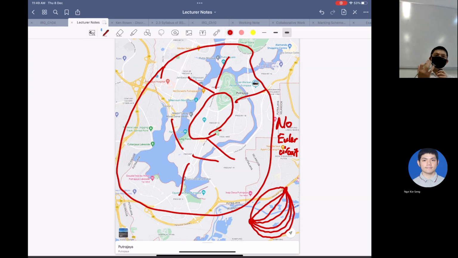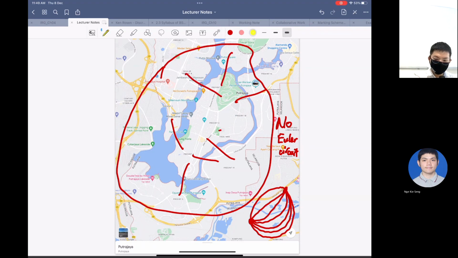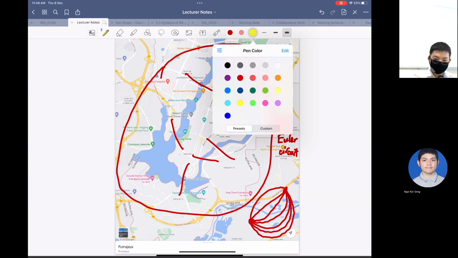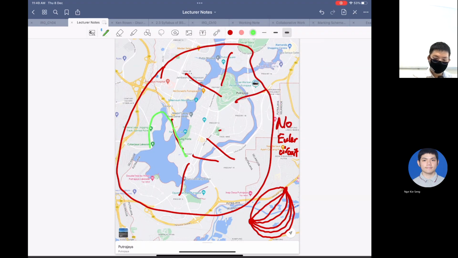So what does it mean to have an Euler path here? It means that when you do the Euler path, if you start inside Putrajaya, you must end outside Putrajaya.